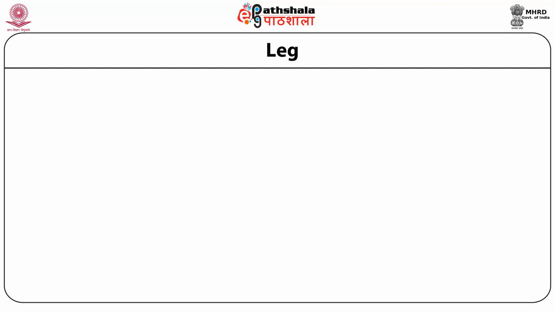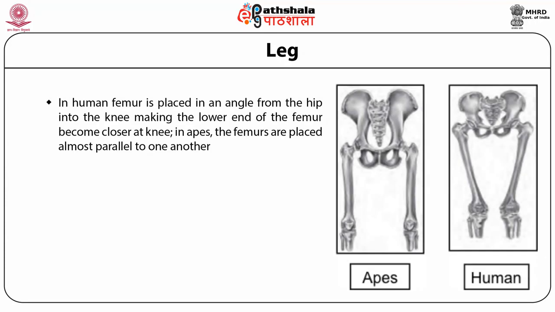But the center of gravity should be brought between the feet for better balancing. In order to facilitate this, the femur is placed at an angle from the hip to the knee, making the lower end of the femur closer to the knee.